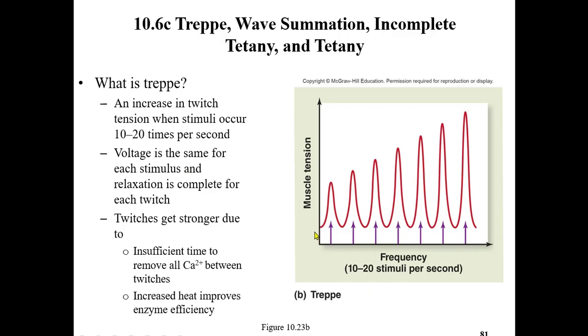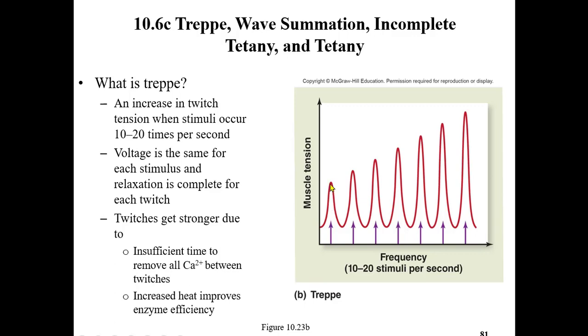So here I have a starting point. It is contracting and it is fully relaxing. Contracting, a little bit stronger in the contraction, fully relaxing. So in treppe, we do allow it to come back to full rest. That's what we see here.